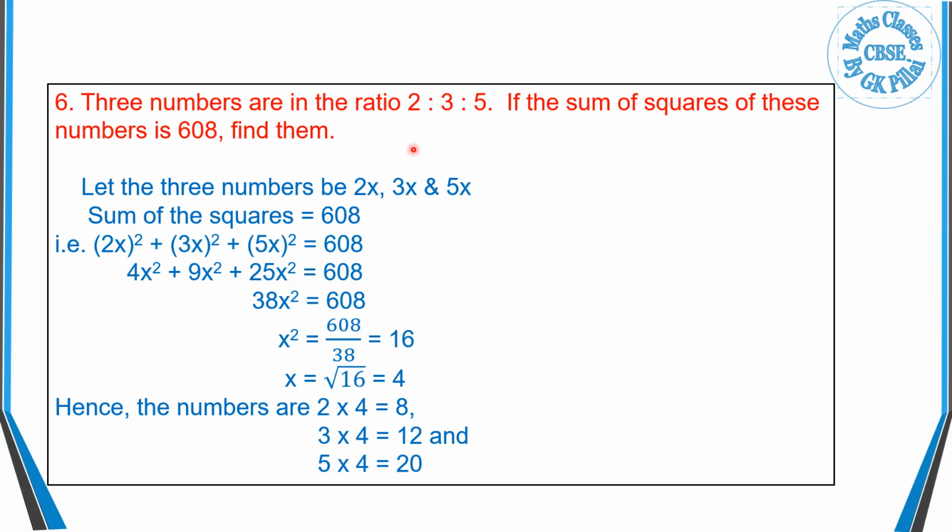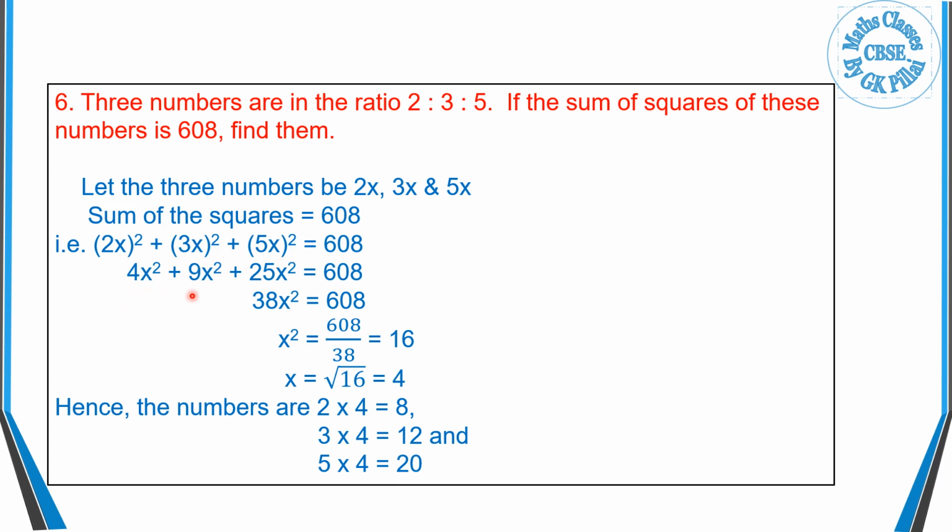Another important sum. Three numbers are in the ratio 2:3:5. If the sum of squares of these numbers is 608, find them. Let the three numbers be 2x, 3x and 5x. Sum of the squares is given as 608. So (2x) squared plus (3x) squared plus (5x) squared will be this much.